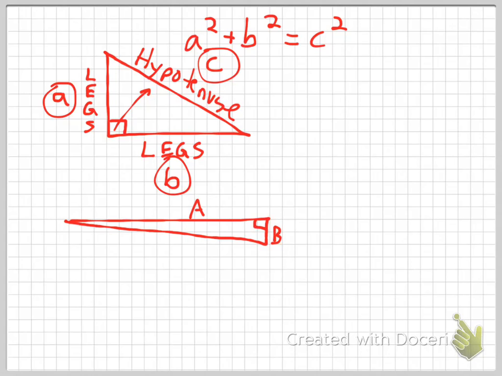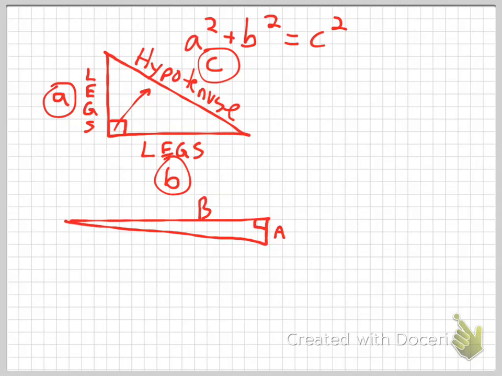Because they're the legs. What makes them the legs? They make up the right angle. They form the right angle. The two sides of the triangle that make up the right angle are the legs. That's A and B. I could have called this one B and this one A. It does not matter which of the legs is A and which is B.